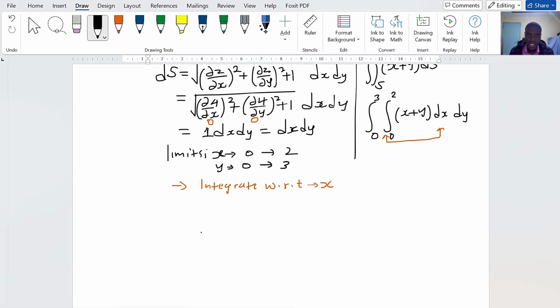So when you do that, remember when you integrate with respect to x, we have x there, so it will be x squared because you are adding 1, then you divide, power law. Don't know whether to remind you, x power n, if you integrate, it will become x power n plus 1 over n plus 1, then plus c.